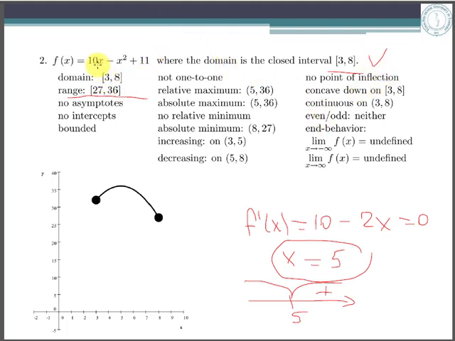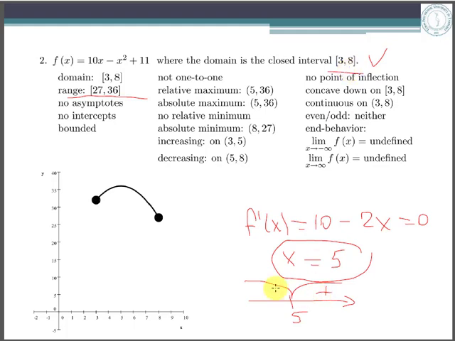If you put 3, it is 30 minus 9 and plus 11. So we get again a positive value, yes.